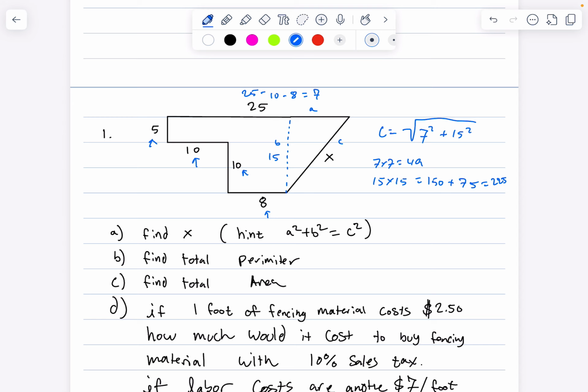Add that to 49. So c is equal to the square root of 274. Okay, you can leave it like that.